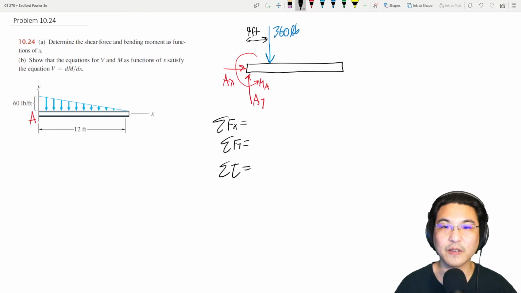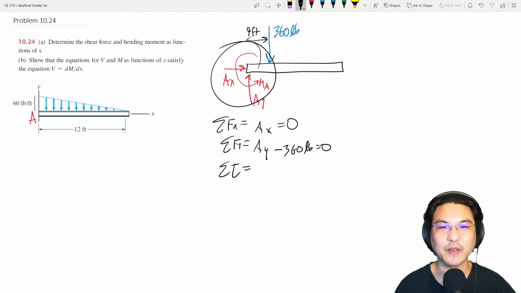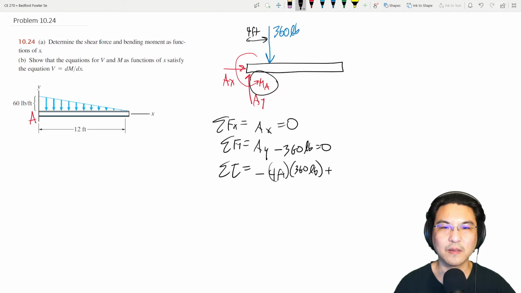Okay, so in the x direction we got AX, y direction AY minus 360, and some torque about, how about over here? So we got, let's see, negative 4 feet times 360 plus the couple over here.